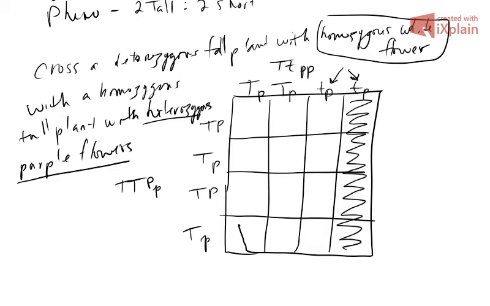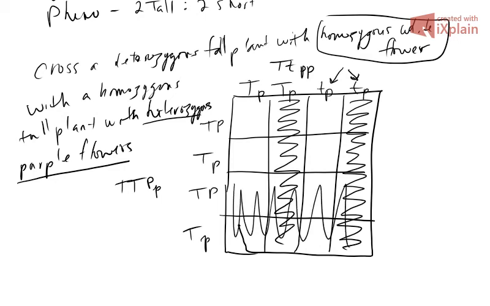These two columns are also the same, so we can cross one of them off. And you have two of these and two of these, so you can actually cross these off. This makes it a little bit more manageable.